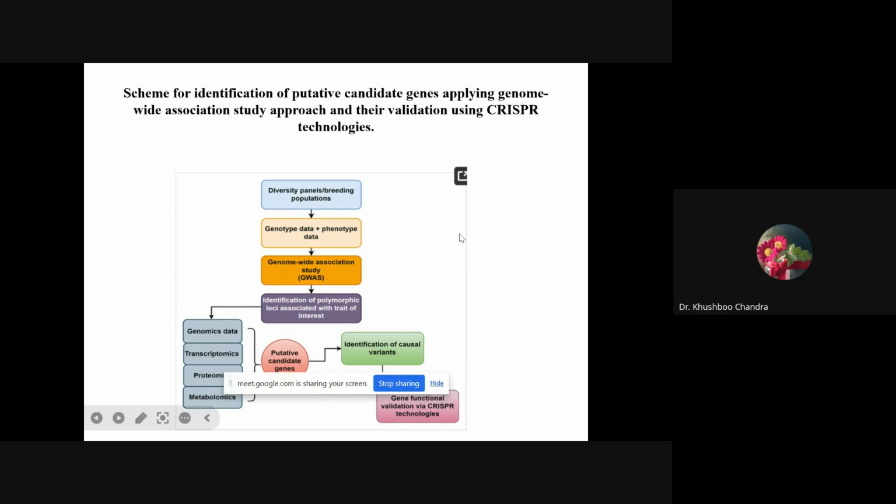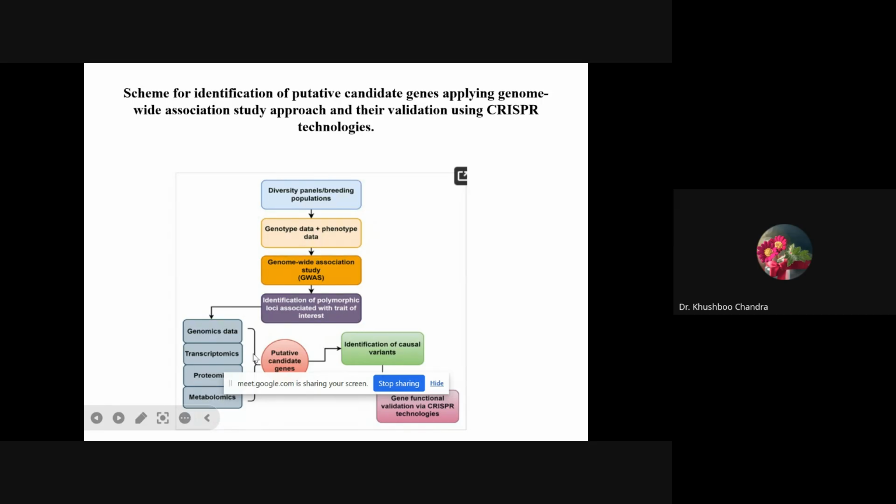And here you can see we are using these techniques for identification of the putative candidate gene. We will be including the genomic data, then proteomics, metabolomics, transcriptomics.